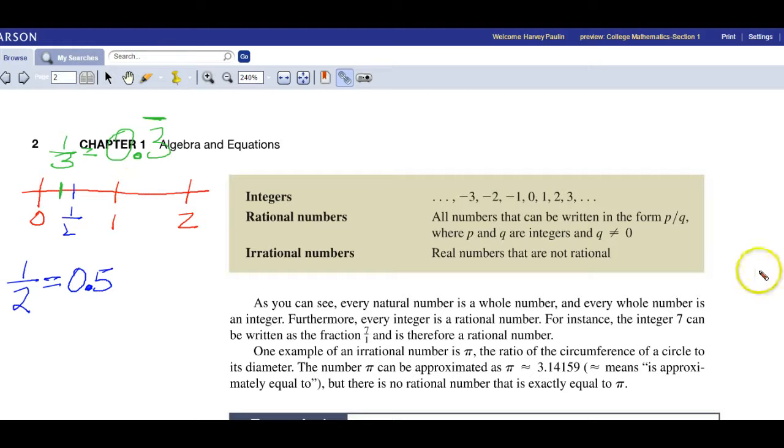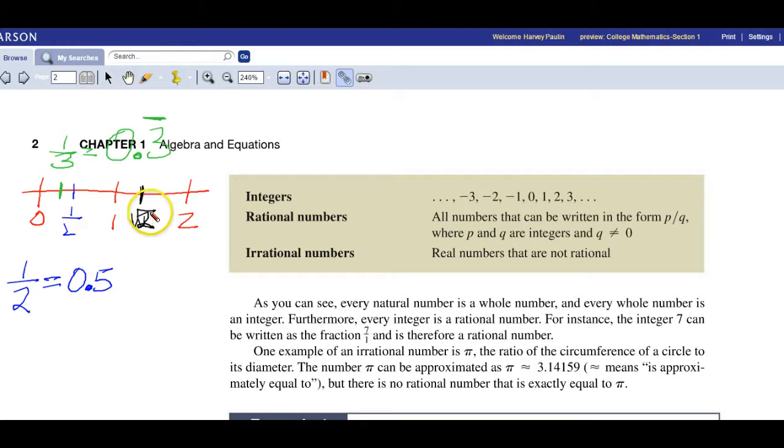But over here there's another number right about there, which is the square root of 2. And my number's not coming out too well. All right, the square root of 2.